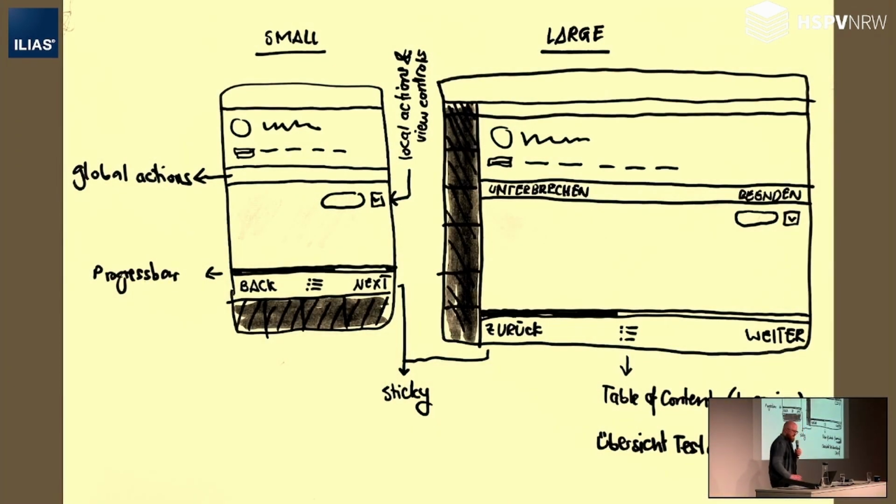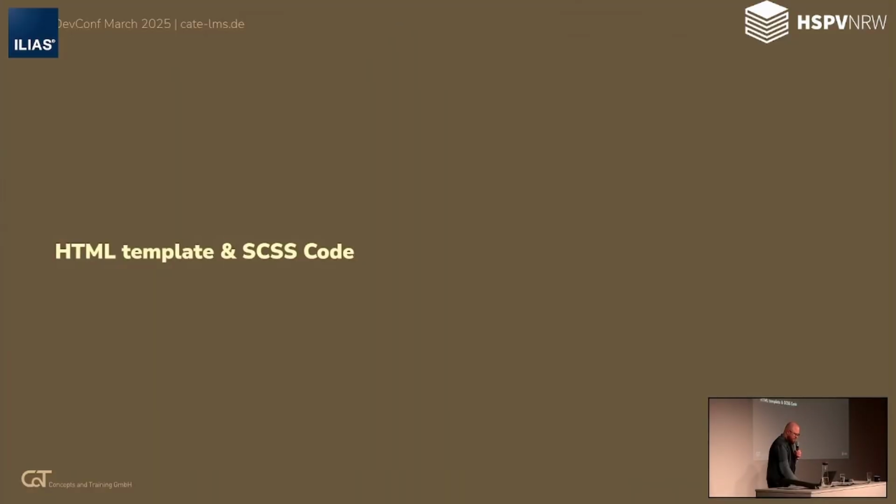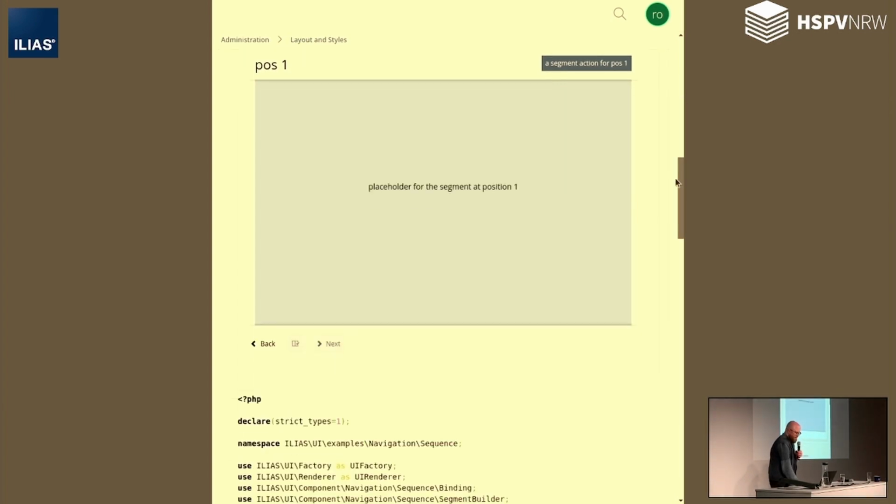Yvonne did these nice low fidelity mock-ups where you can see there's the word global actions, already thinking about these semantic groupings. And yeah, this is what I ended up with for now.